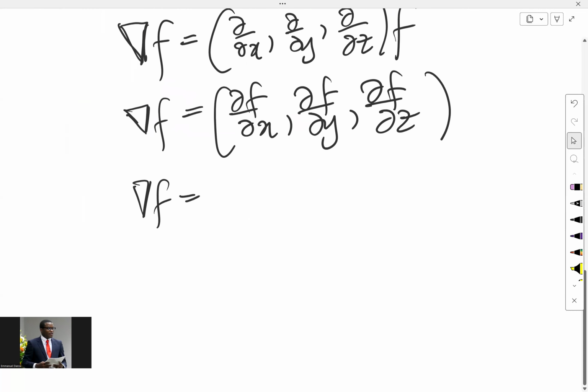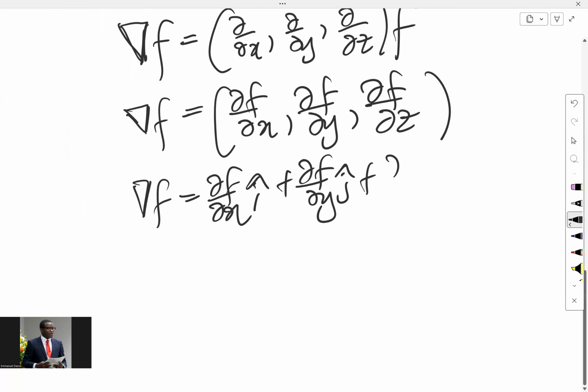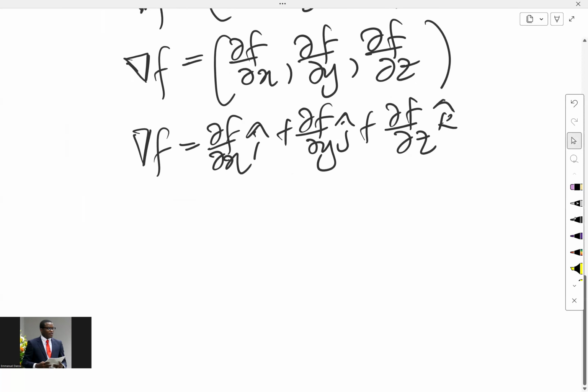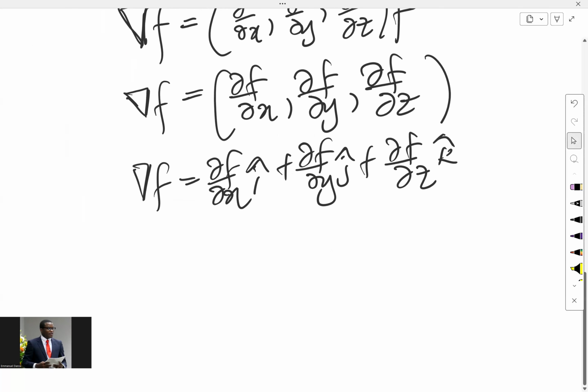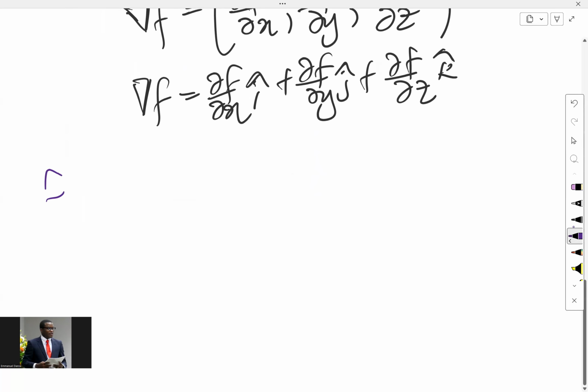It is the same as partial f partial x in the direction of i, partial f partial y in the direction of j, and partial f partial z in the direction of k. So it's still a vector, right? Let's have an example.